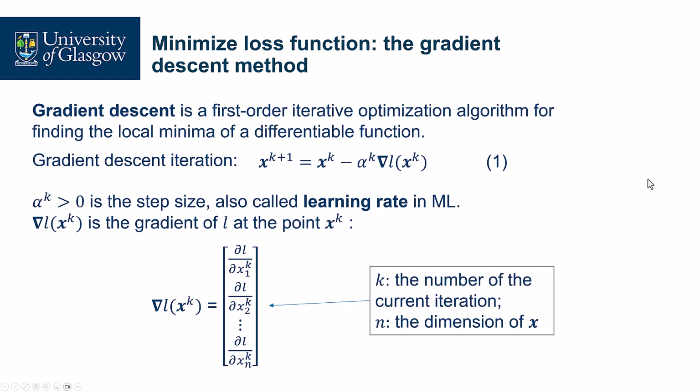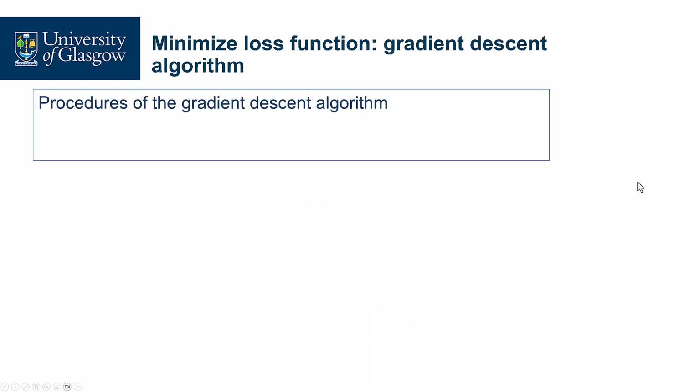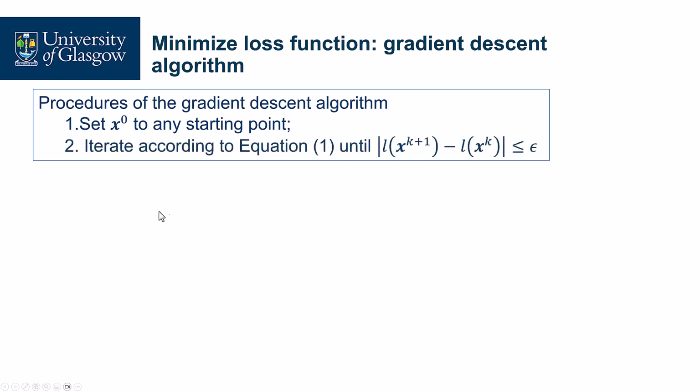Now let's see how the gradient descent algorithm works, right? First we set x0 to be any starting point. Then we iteratively use the previous equation, equation 1, until the difference in the loss function between iteration k plus 1 and iteration k is very little, smaller than a threshold we call eta, right?